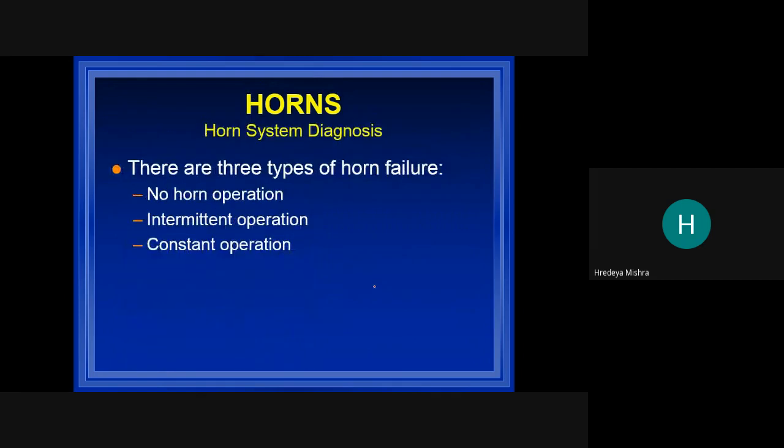Horn system diagnosis. There are three types of horn failure: non-horn operation, meaning the horn is not operating; intermittent operation; and constant operation.